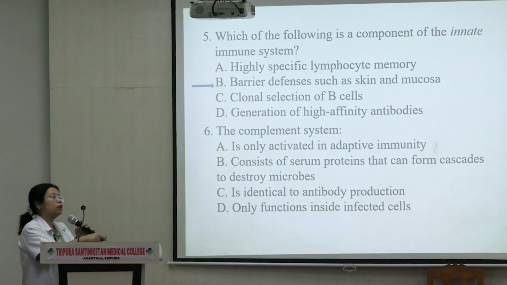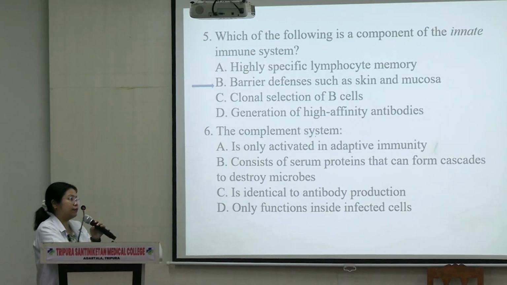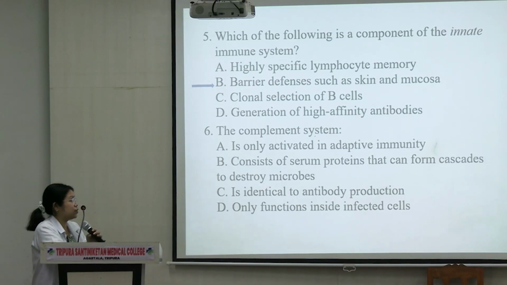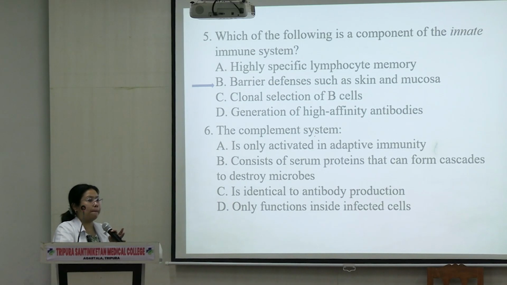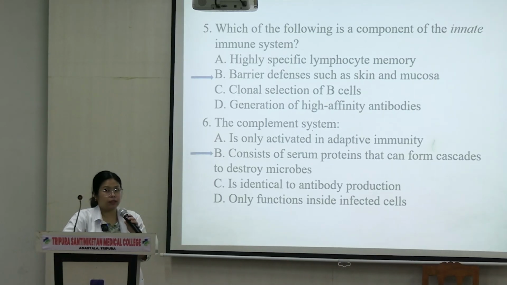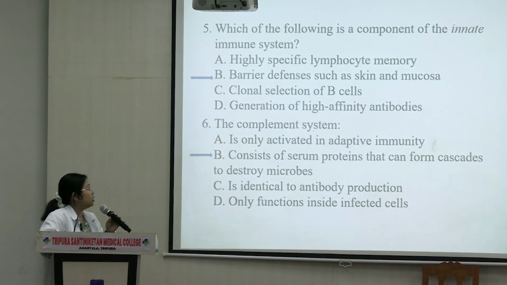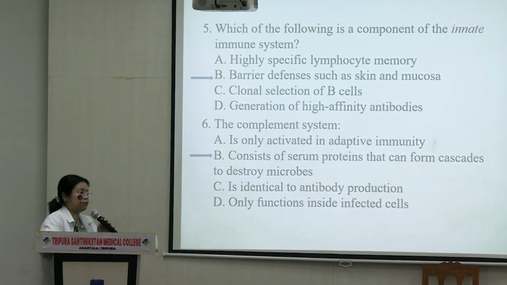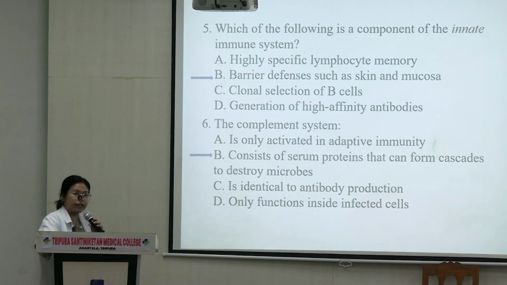Question number 6. To the far left, to my far left again. The complement system. So those of you who are saying B, they are correct. It is not only a part of the adaptive, it is also part of the innate system of immunity. It is not identical to antibody.